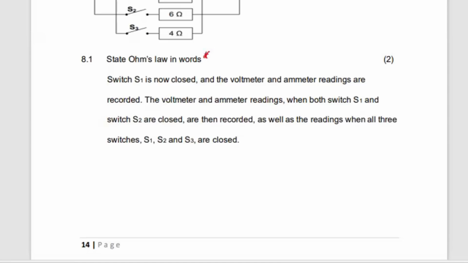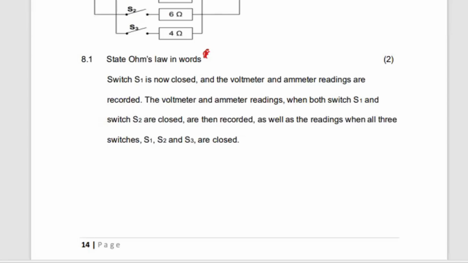Can we state Ohm's law? So we know that Ohm's law is V equals IR. The potential difference across a conductor is directly proportional to the current through the conductor at a constant temperature.